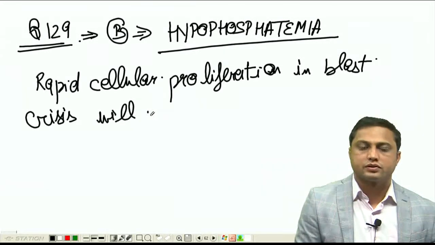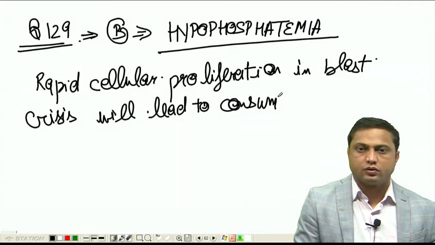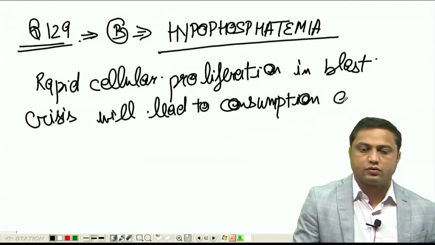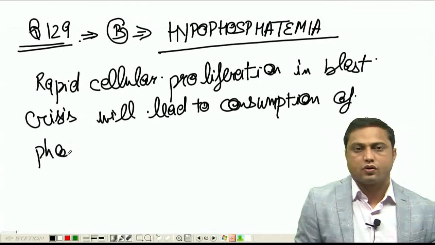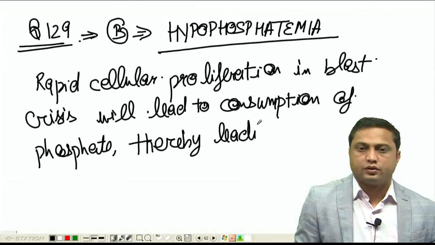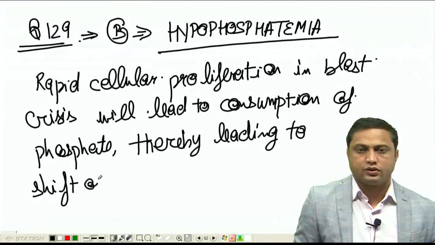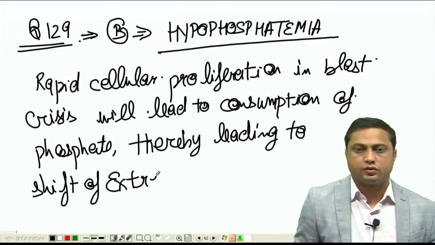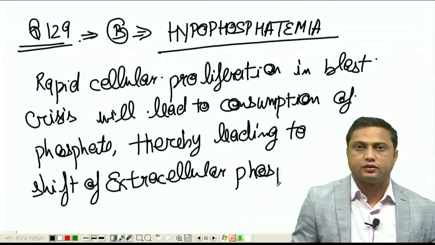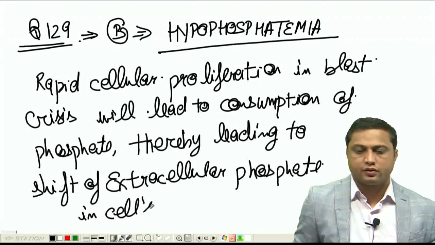Rapid cellular proliferation in blast crisis will lead to consumption of phosphate and thereby leading to shift of extracellular phosphate in cells.